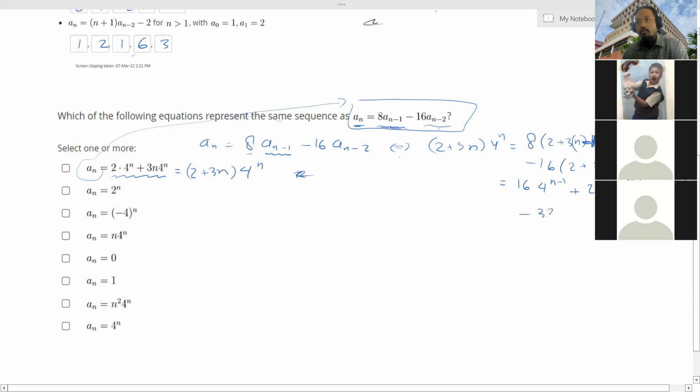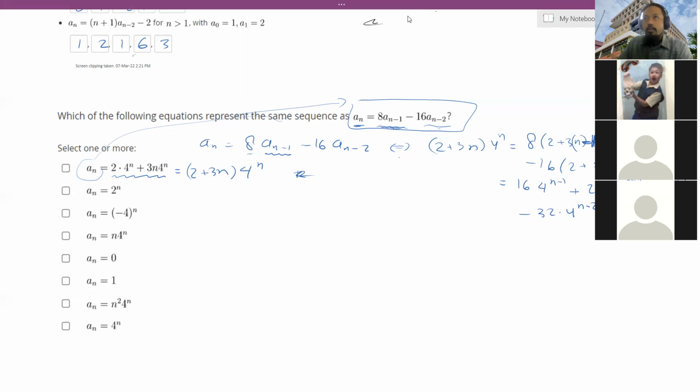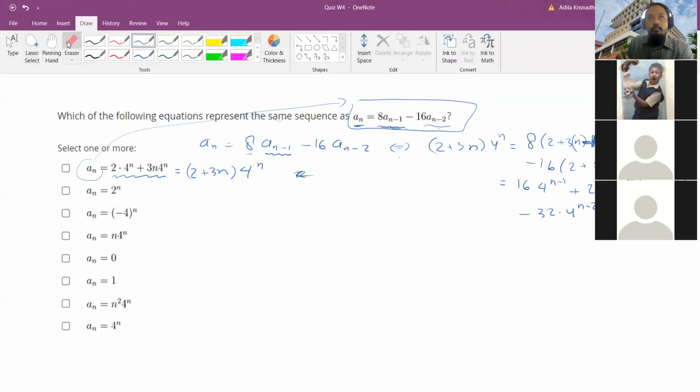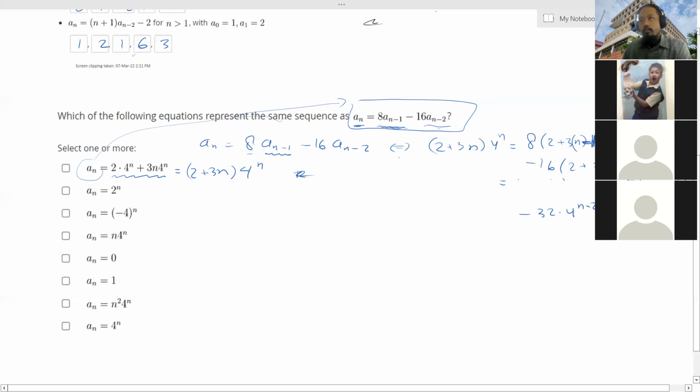Minus 32 times 4 to the power of n minus 2 minus 48n times 4 to the power of n minus 2. Sorry, I think I made mistakes here. So let's do it from the beginning, all right?